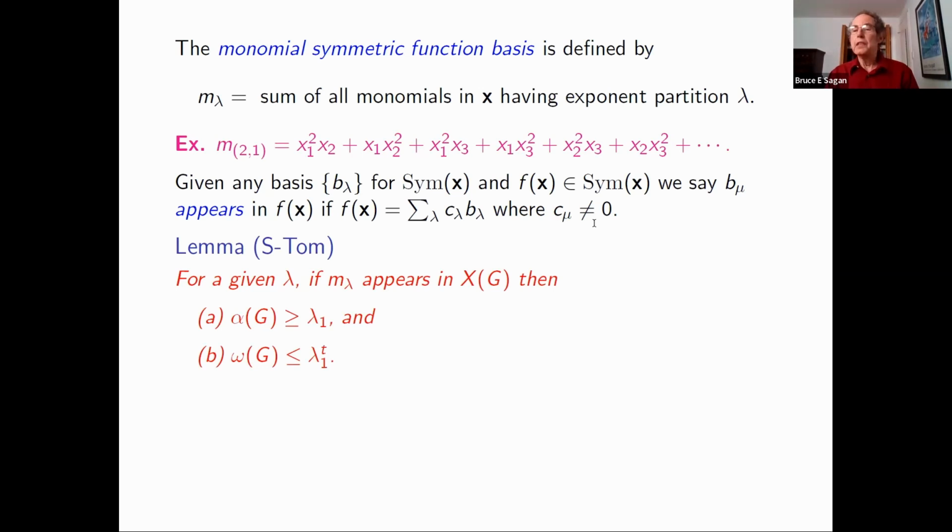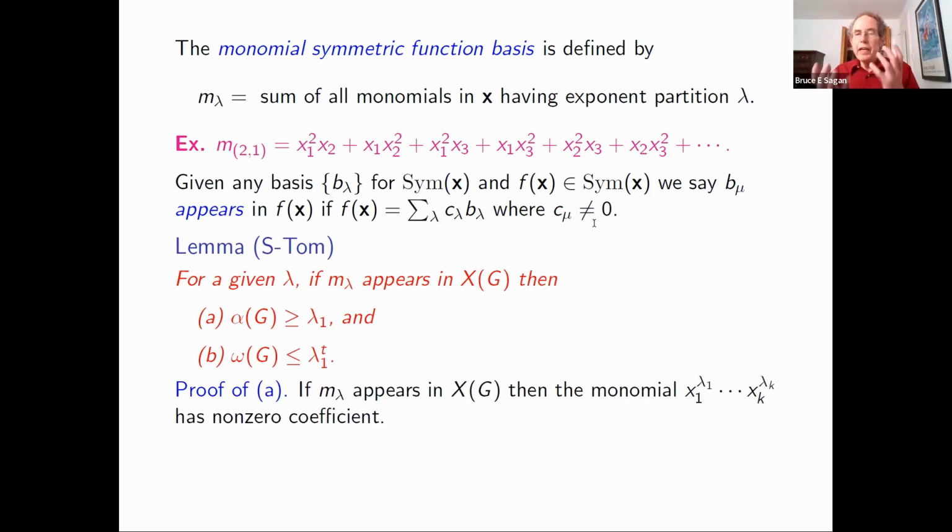Now, this is really easy to prove, so let me show you the proof of at least A. Because think about it. If m lambda appears in X of G, then in particular, the monomial x1 to the lambda 1, x2 to the lambda 2 appears with non-zero coefficient. But what does this tell you? This is telling you that there's some proper coloring of G where we've got lambda 1 vertices of color 1.